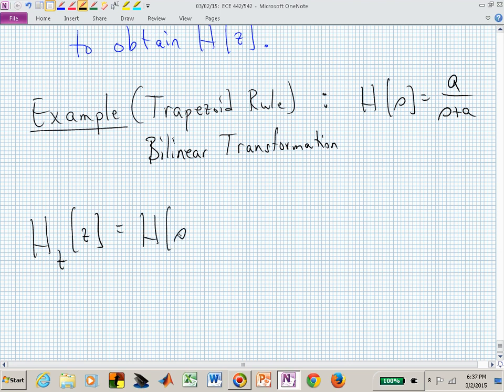That's now H of s, with s everywhere replaced with capital 2 over capital T, z minus 1 over z plus 1.